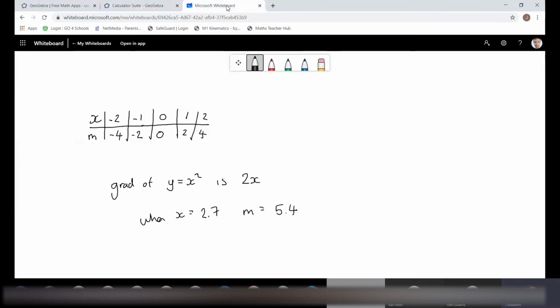So if I was looking for the equation of the gradient, the tangent, let's use my rubber here. I'm looking for the equation of the tangent to y equals x squared at the point 1, 1.